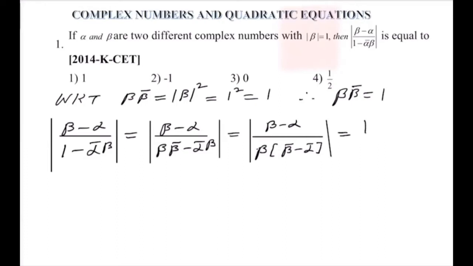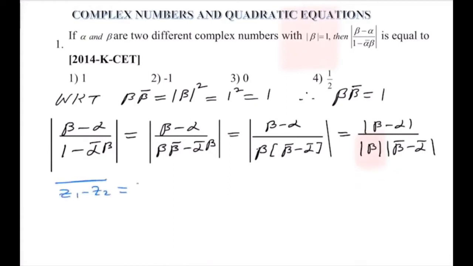Now this can be written as modulus of beta minus alpha upon modulus of beta into modulus of beta bar minus alpha bar. Modulus of beta is 1, and we know that conjugate of z1 minus z2 is z1 bar minus z2 bar.